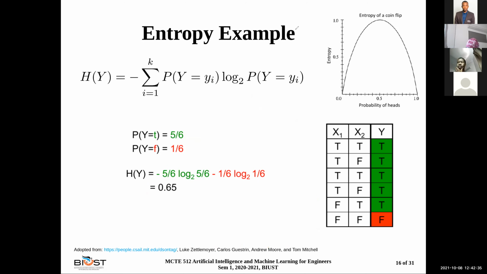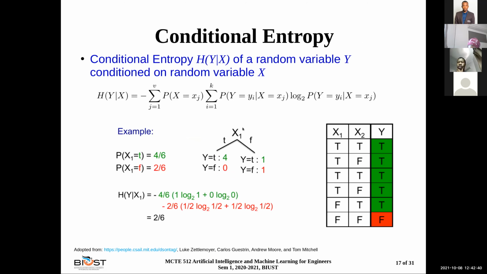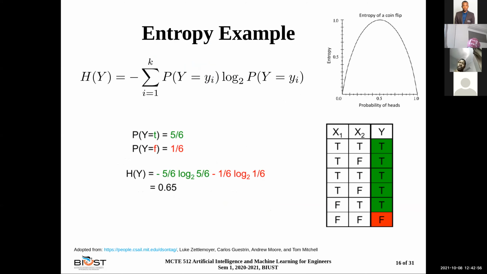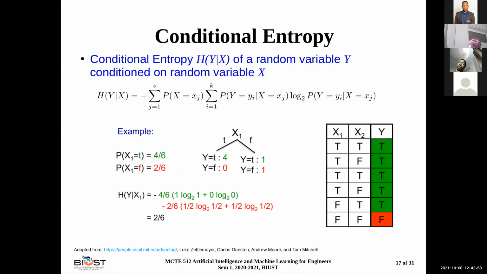Anyway, let's continue. These are just some ideas that we need to understand as we move along. So now there is entropy and there is this conditional entropy. In the case of decision trees, it is not enough to consider the absolute entropy. You also need to consider the conditional entropy. So conditional entropy is the value of H, the entropy of the Y output given the X input.